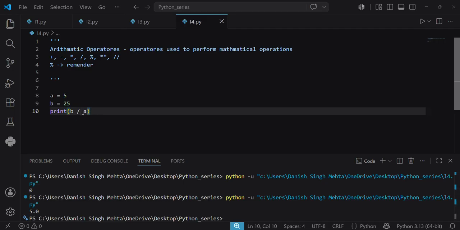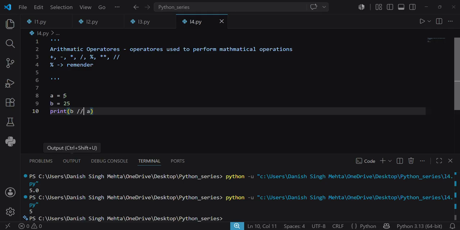But if you want an integer value, without a decimal, then we use this symbol. This is called floor division. So if I use this, I get an integer value. If you want an integer, you use floor, and if you want a decimal in division, you use the normal division symbol.